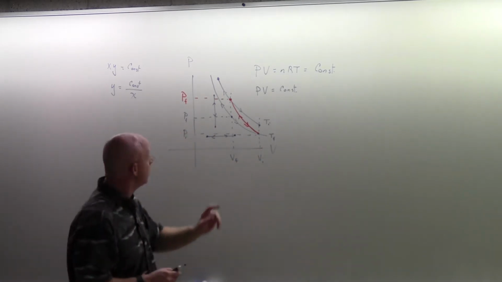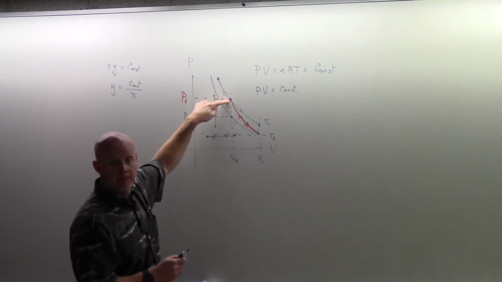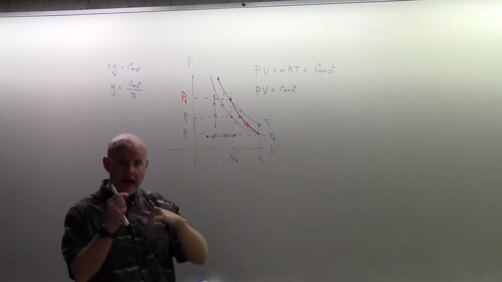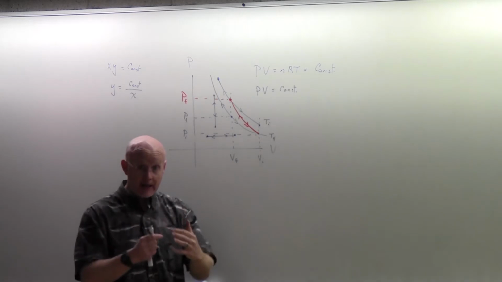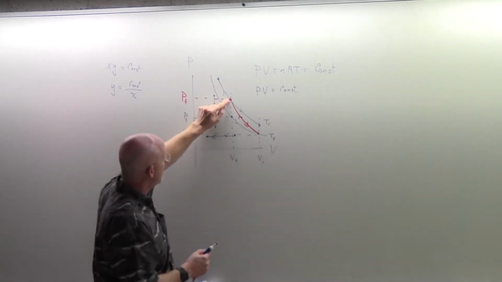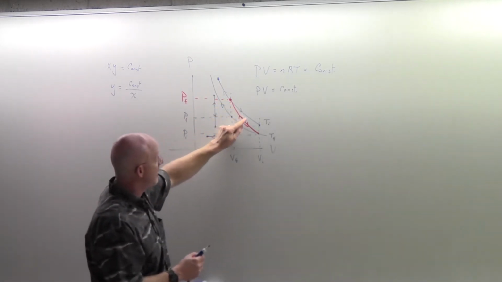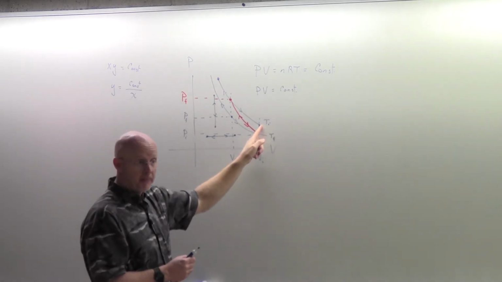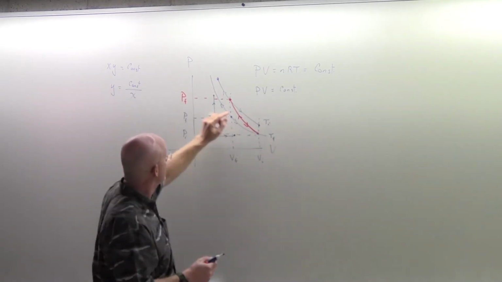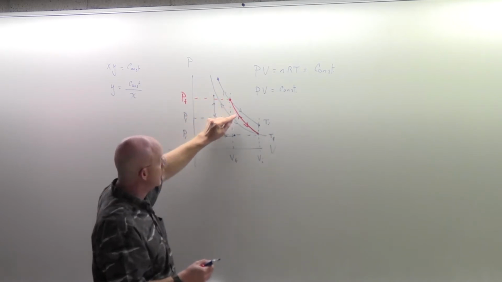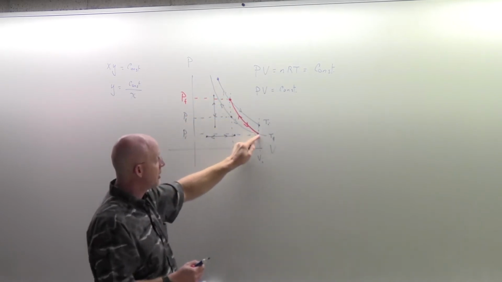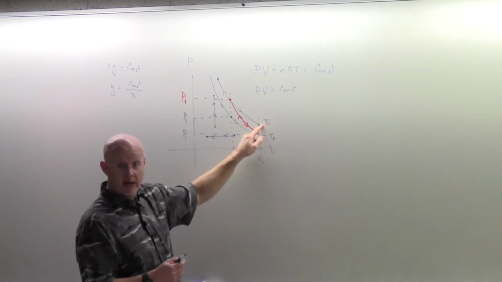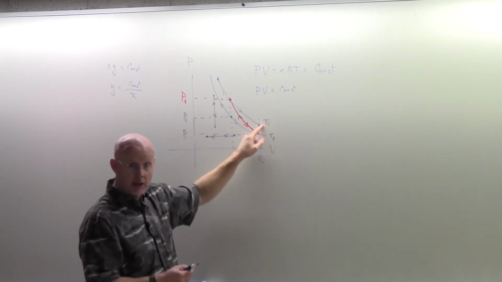And in the expansion, if I start here and I compare the isotherm to the adiabatic, the isotherm would bring me down to here, whereas with the adiabatic, the gas would be cooling, and so the pressure would end up a little bit lower than the isothermic process.